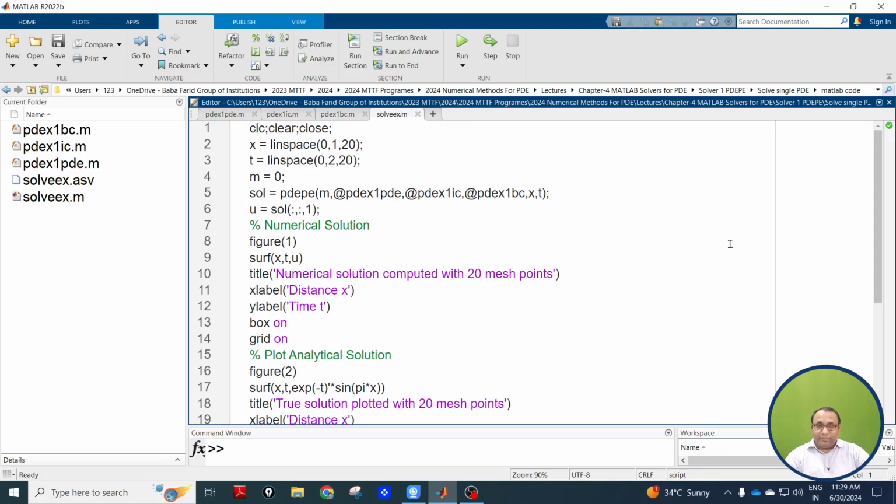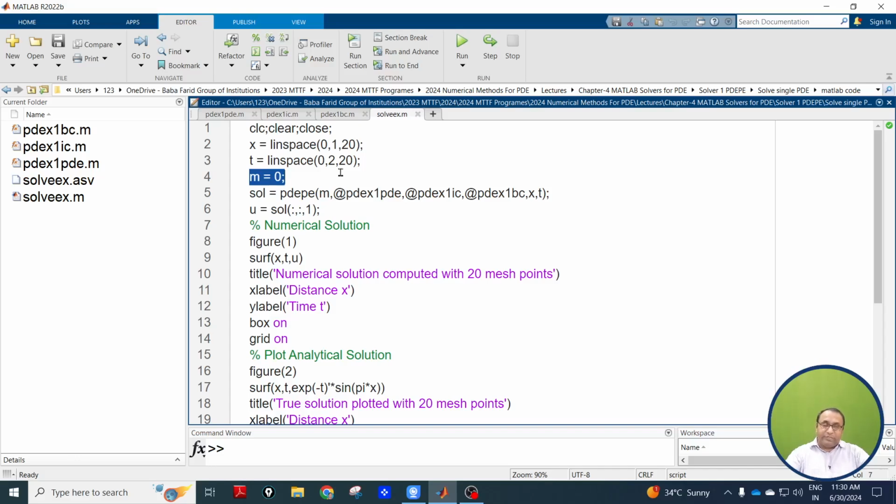Then we will use a sequence of statements to visualize the numerical solution. We start from clc, clear and close. x is equal to linspace(0, 1, 20), and t is equal to linspace(0, 2). So the maximum time is 2, and m is equal to 0. When the given equation is in Cartesian form, we use m equal to 0.